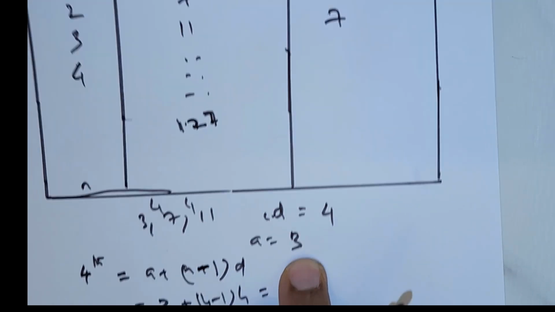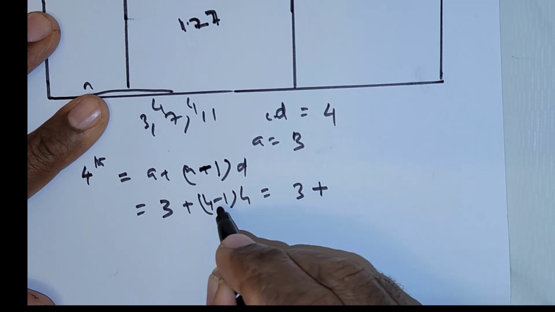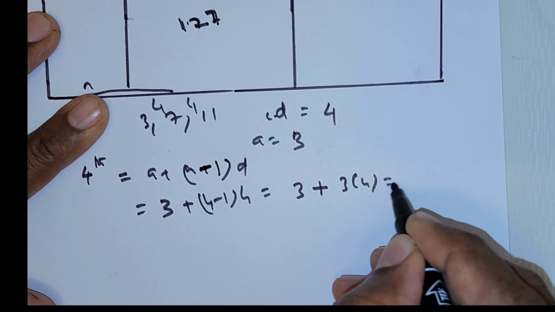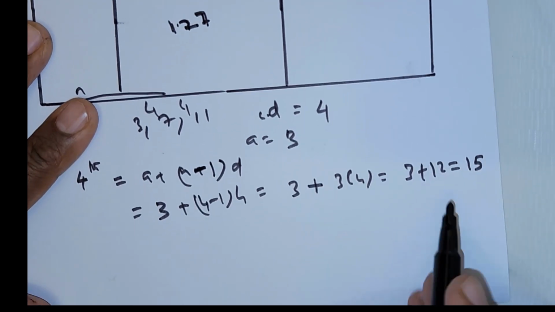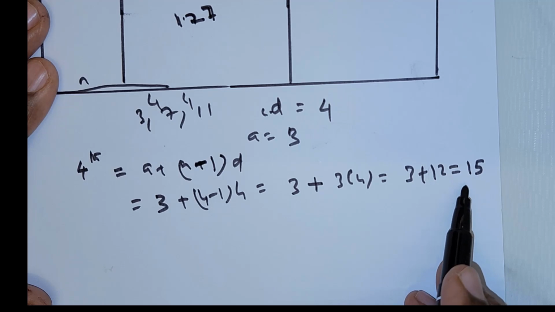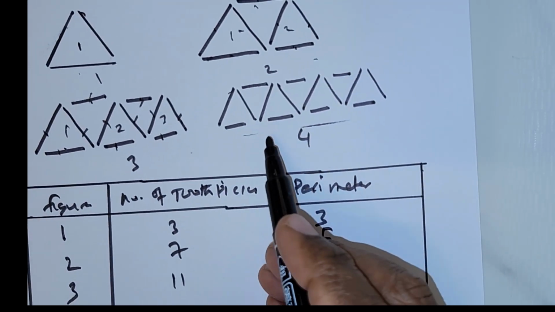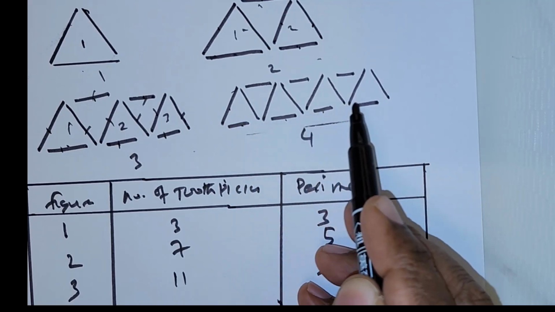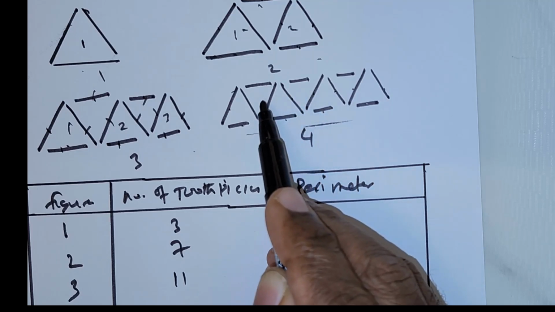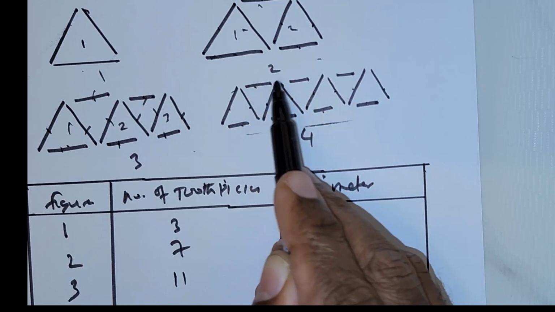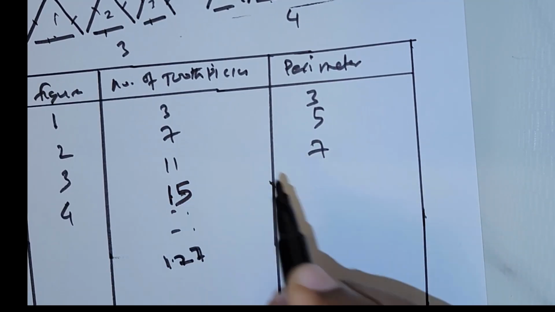So this is equal to 3 plus 3 times 4, which is 3 plus 12, equal to 15. So figure 4 has got 15 toothpicks. So let us check it out. 1, 2, 3, 4, 5, 6, 7, 8, 9, 10, 11, 12, 13, 14, 15. Correct. Okay.